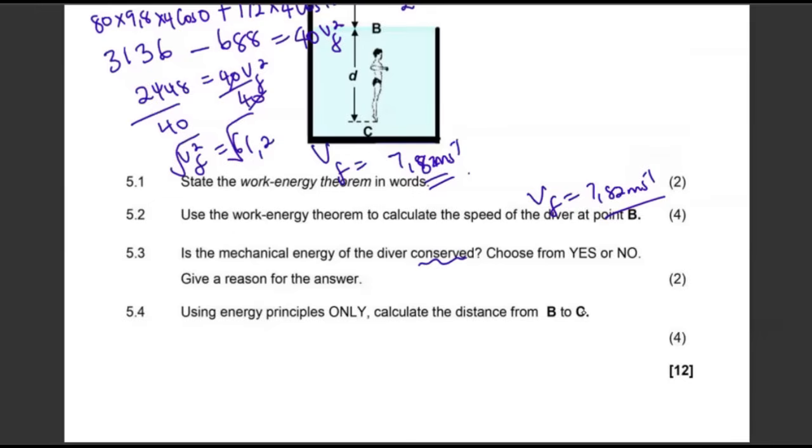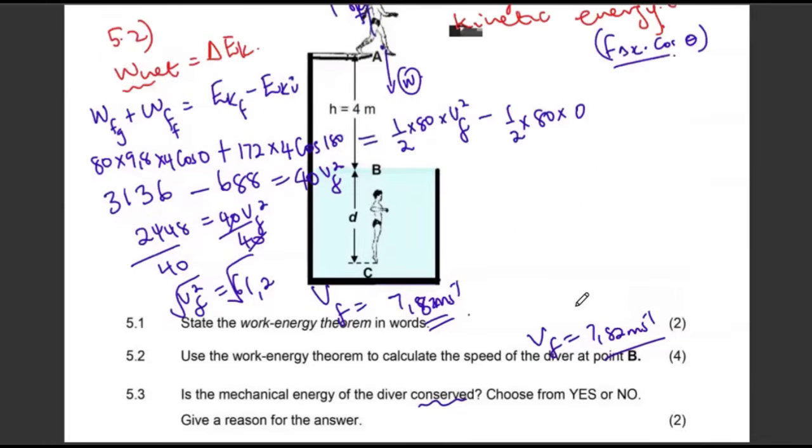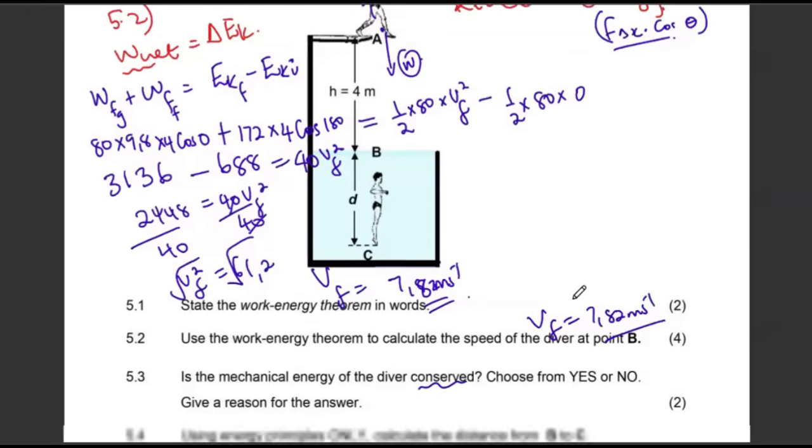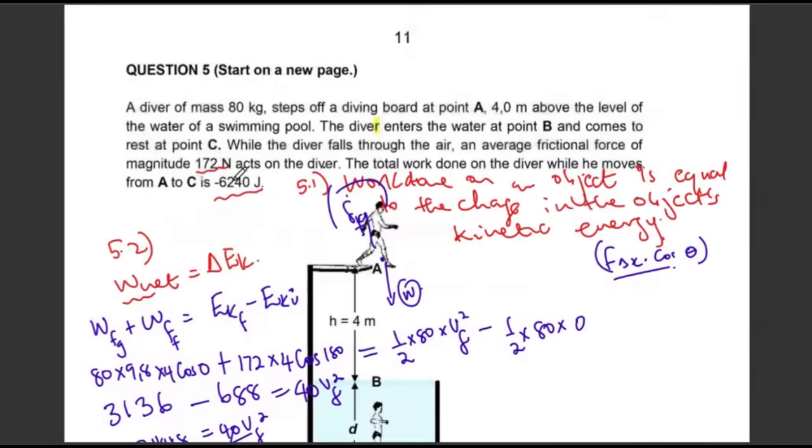Now, remember, we said under conservation of mechanical energy, in any isolated system the mechanical energy is conserved or remains constant, meaning that the net work needs to be 0. But when you look at this, they gave us the total work done to be negative.